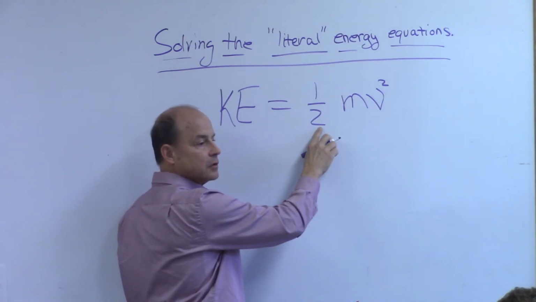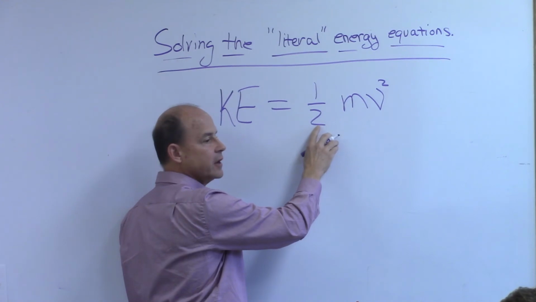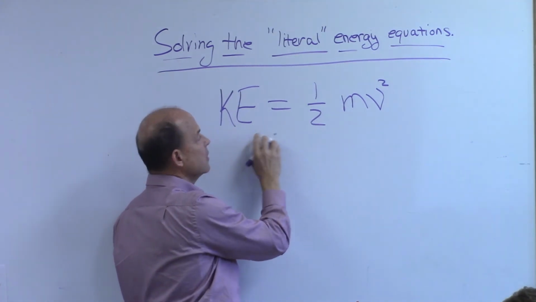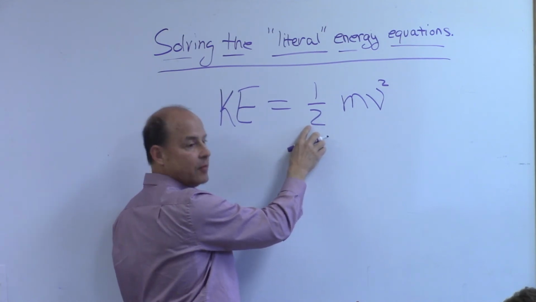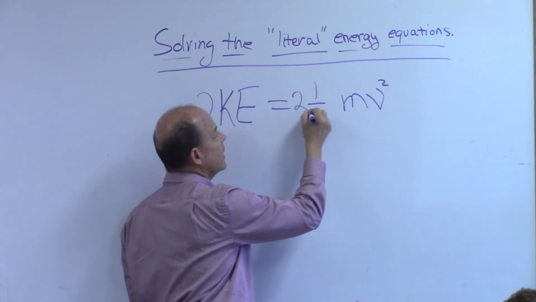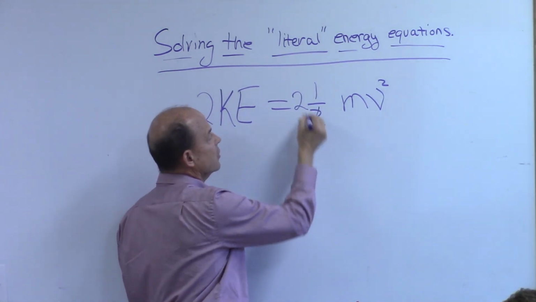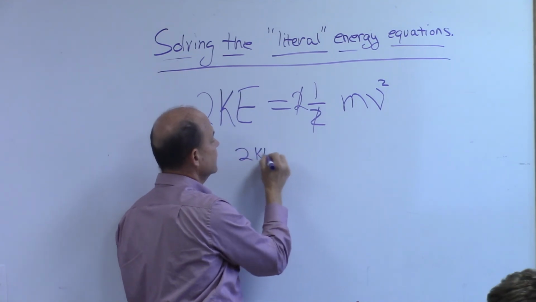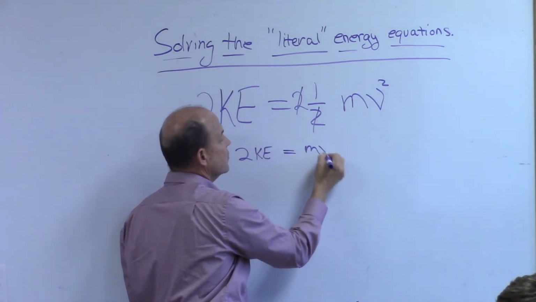Okay, 1/2 or 2 in the denominator. I'm dividing by 2, so what do I have to do to this side? I have to multiply by 2. All right, so I'm going to multiply by 2, multiply by 2. So those are going to go away. Okay. Now I got 2ke is equal to mv squared.